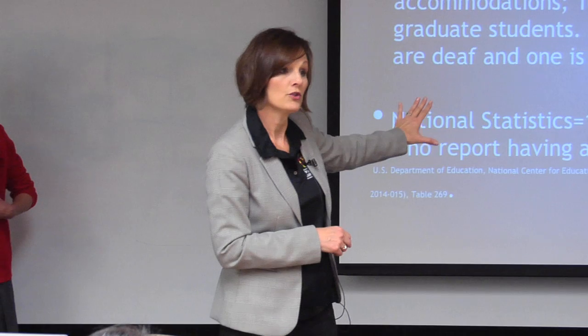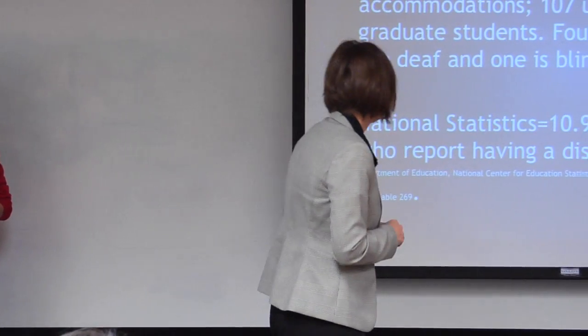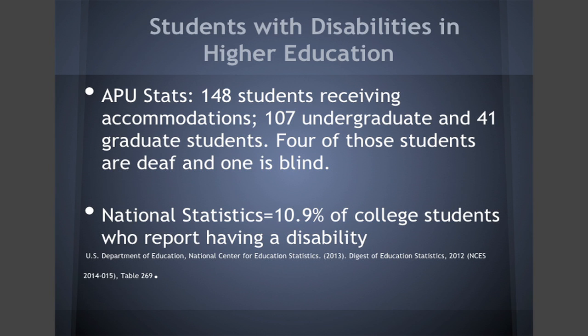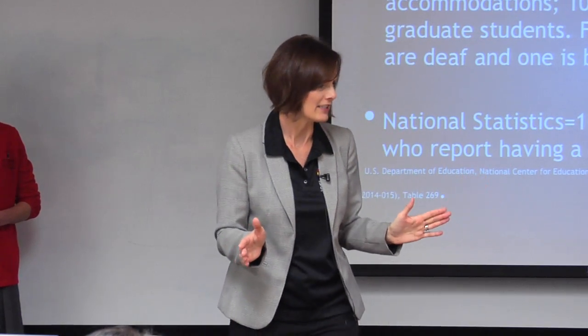These are the students who have accessed services, okay? Nationally, about 10.9% of college students claim that they have a disability or are registered with disability services. That does not represent the overall number of individuals in the United States who have disabilities. That's just college students, okay?